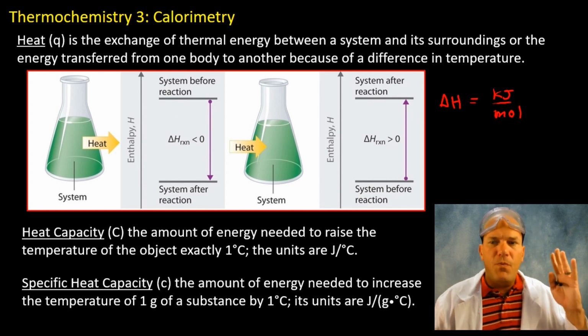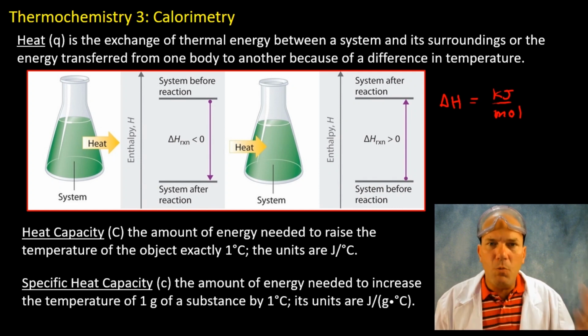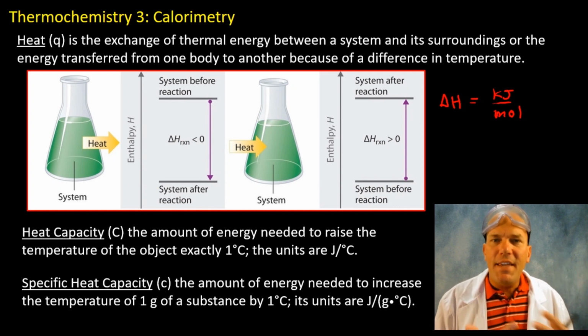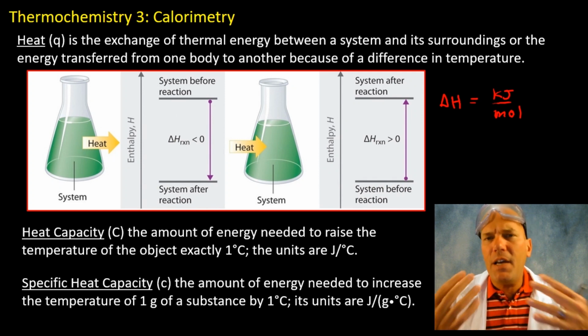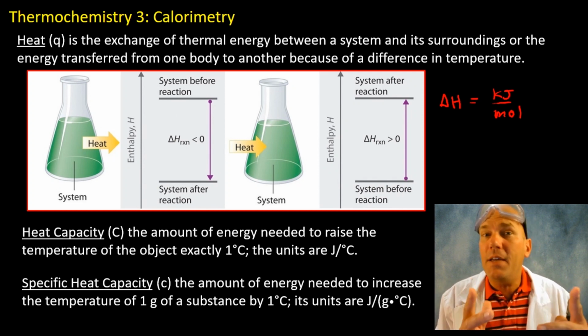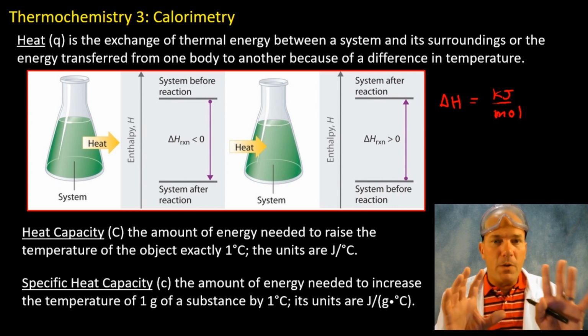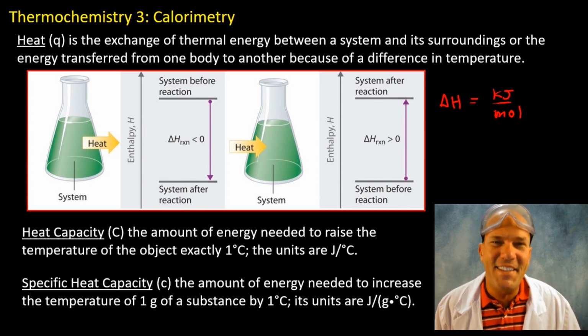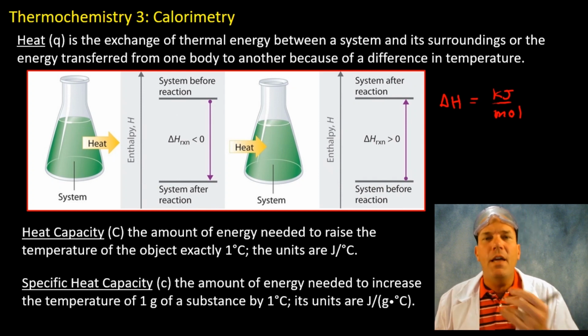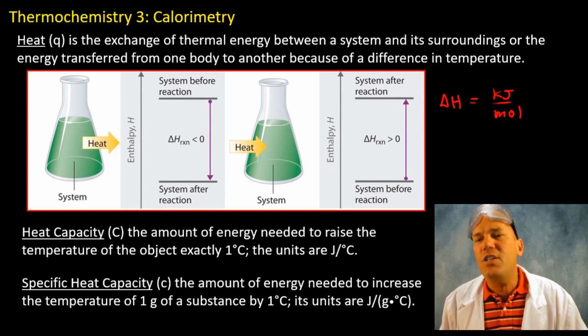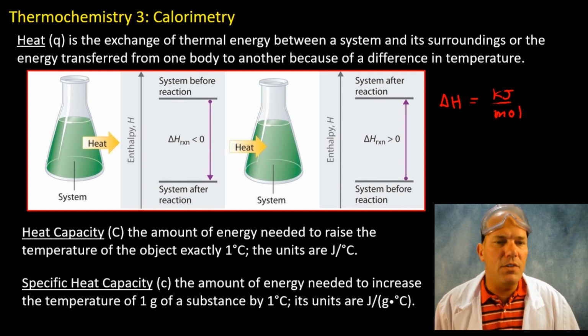So we have 4 variables we're discussing all at once. Heat, which is a lowercase q. Some textbooks will indicate it as an uppercase Q, and it really doesn't matter, but the overall consensus among chemists is to use a lowercase q for heat. We have a delta capital H, which is in kilojoules per mole.